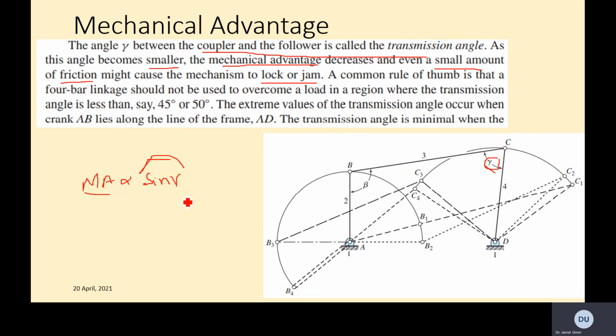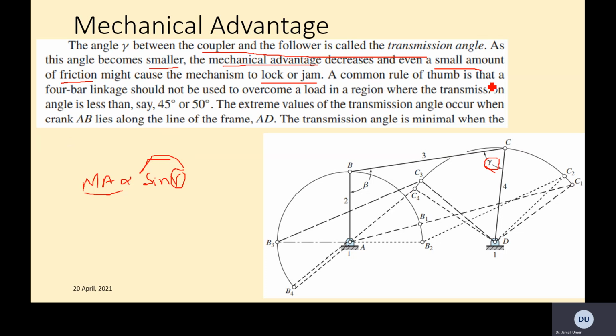If this value approaches 0, the mechanical advantage approaches 0. At that value of gamma, if you apply a little bit of friction, or friction itself, friction will cause the mechanism to lock or jam. So you will not have any useful work, which is the definition of mechanical advantage.